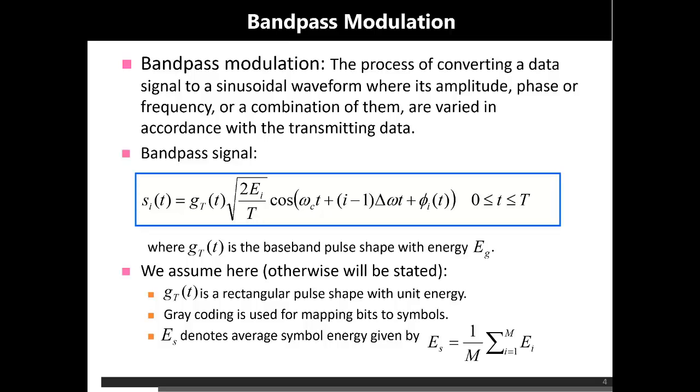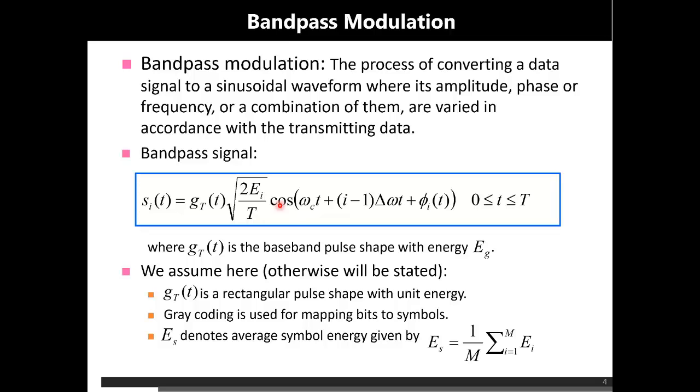So the generalized model of the bandpass signal will be in the form of a carrier whose amplitude, shown by this particular amplitude square root of 2E_i over capital T, here 2 and T are constants, and the amplitude variation is only governed by this factor E_i, where i is from 1 to capital M, assuming M-ary bandpass modulation.